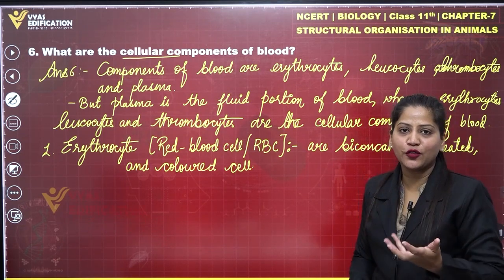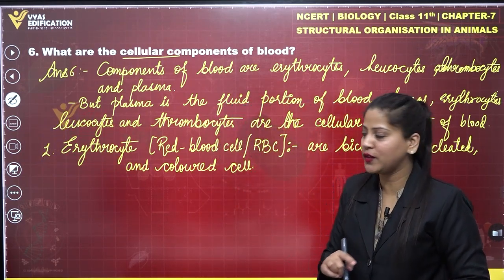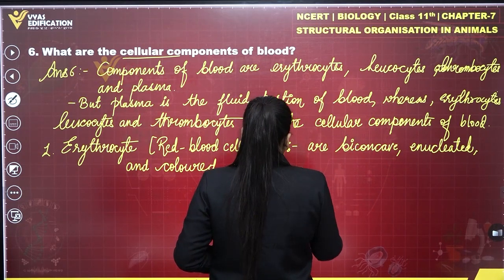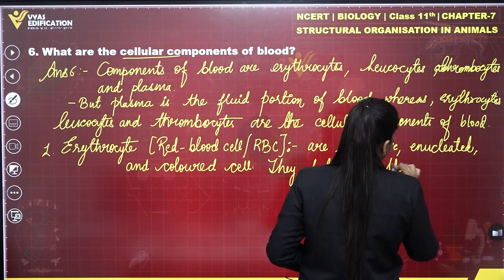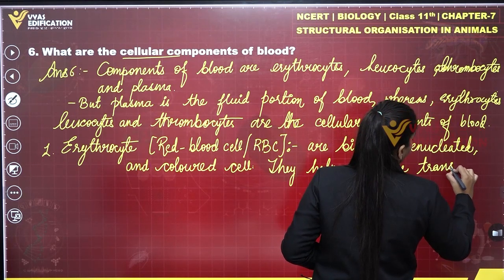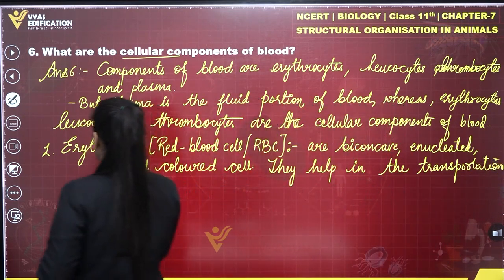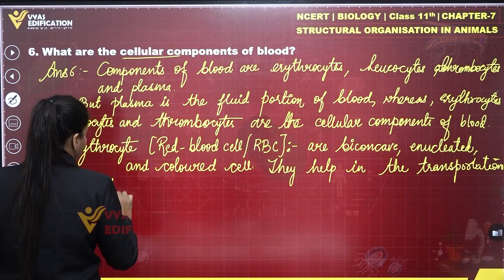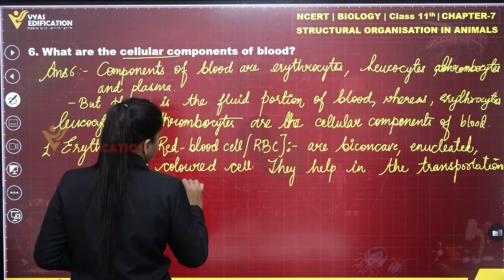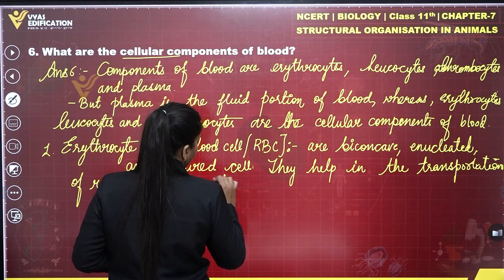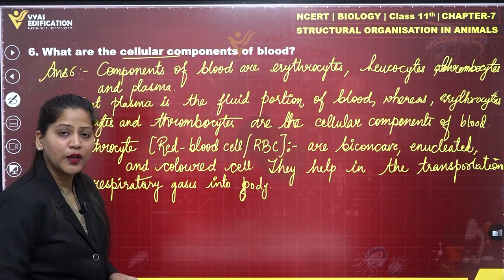The shape of erythrocyte is biconcave, as we already discussed. Their function is to help in the transportation of respiratory gases into the body. Right, so this is about erythrocytes or RBC.